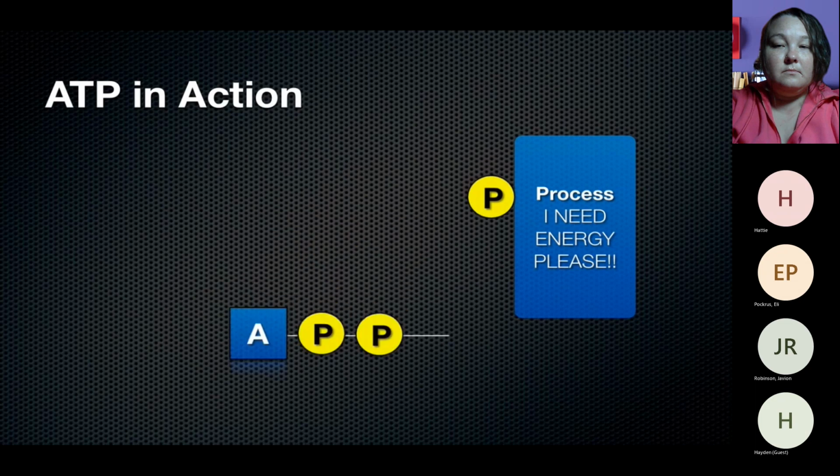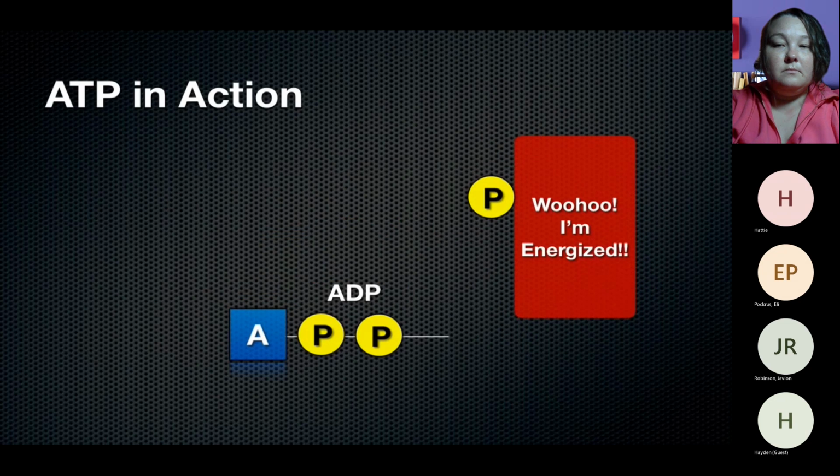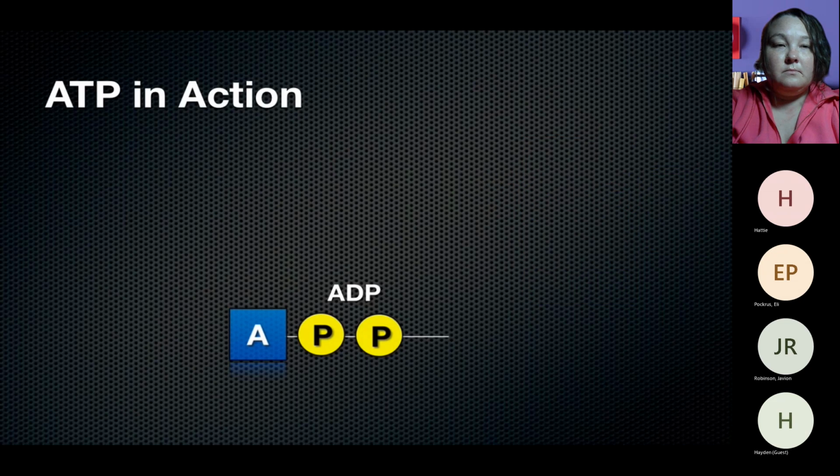When this happens, the process gets the energy that it needs, and it can then do whatever task it needs to accomplish. Let's get rid of this process for now. And now you can see we are left with two phosphate groups, so it's no longer ATP, it's ADP, or adenosine diphosphate. If we want to use this molecule again, we need to recharge it as we would do for a rechargeable battery.